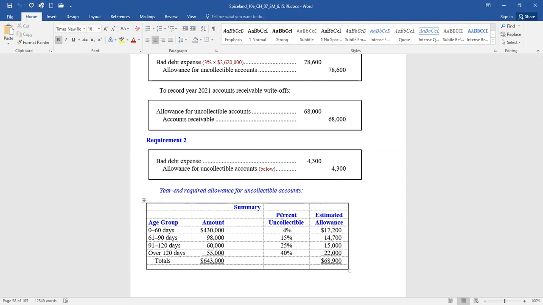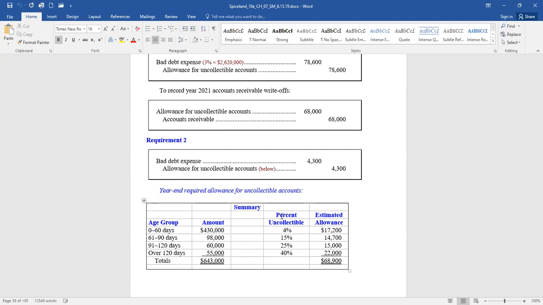So this report isn't just in summary form like this. We only use the very last line of that report to do our estimate, because the report itself would list each customer with the amounts they owe and how old they are in different columns. For instance, anyone whose sales occurred in the past 60 days and they have not paid their bill, their balance would be in the 0 to 60 day column. So the total amount of those accounts receivable is $430,000.